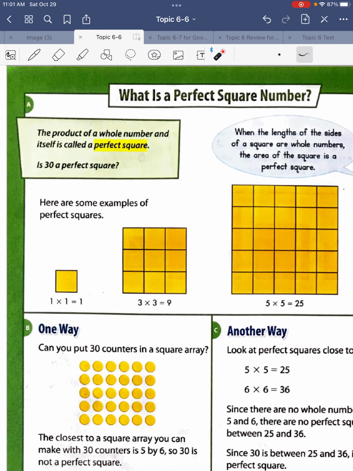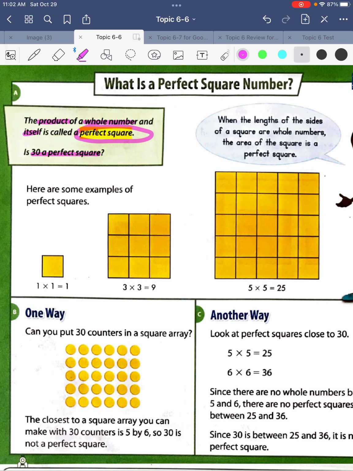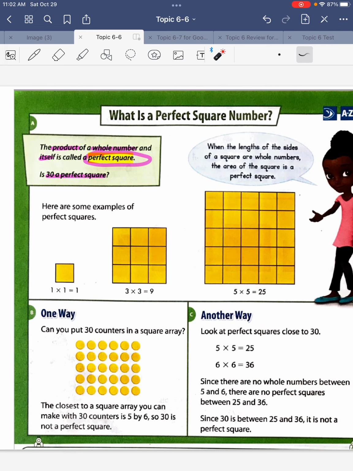It says the product of a whole number and itself is called a perfect square. So let's highlight that. The product of a whole number and itself is a perfect square. It's asking, is 30 a perfect square? Before we find out, it's showing us examples of perfect squares.